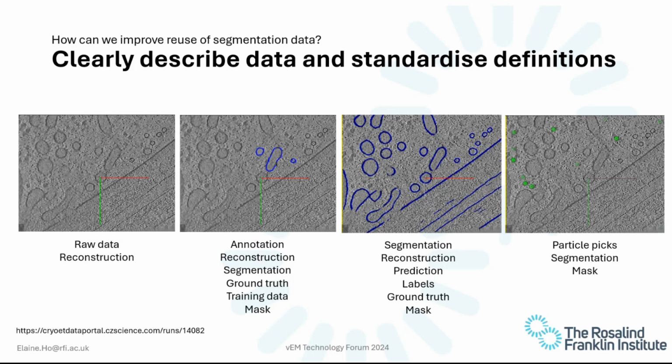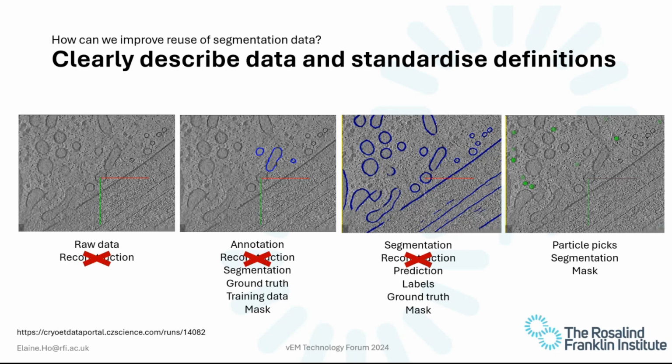Here I've got 4 different types of images that might form part of a biological segmentation data set. Underneath, there are a bunch of words that are used in the literature to describe images that look just like these. You can see that some words are used across different data types and usually not attached with a descriptor, so we know what it looks like.